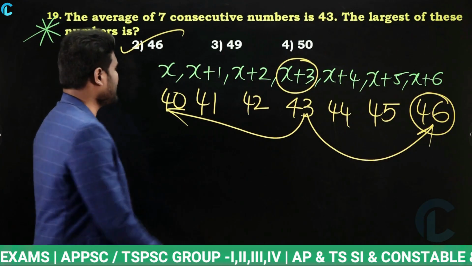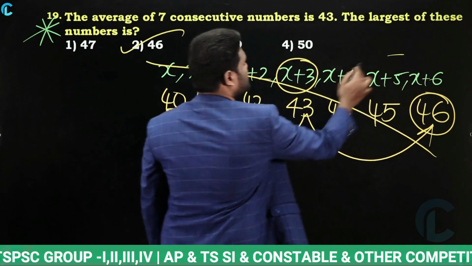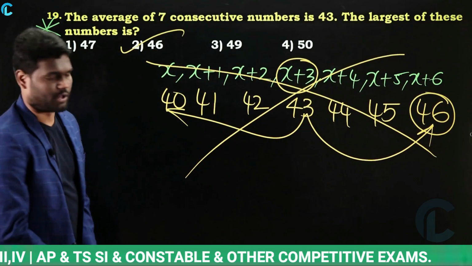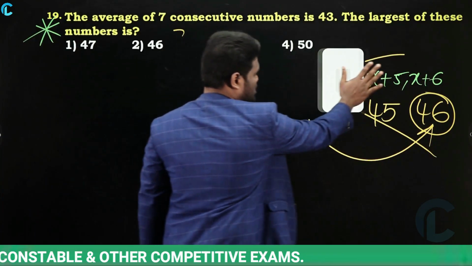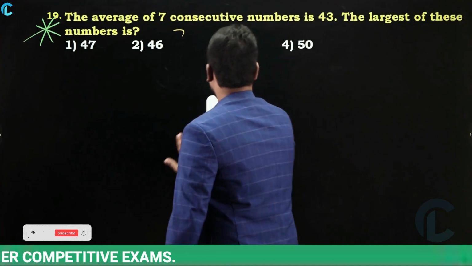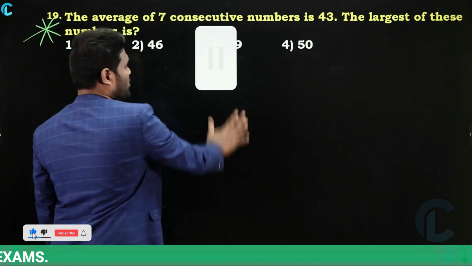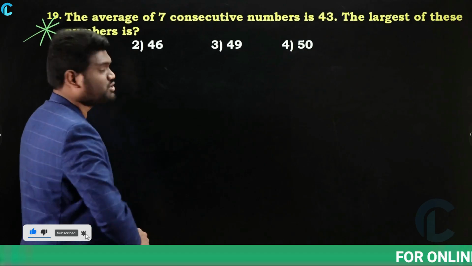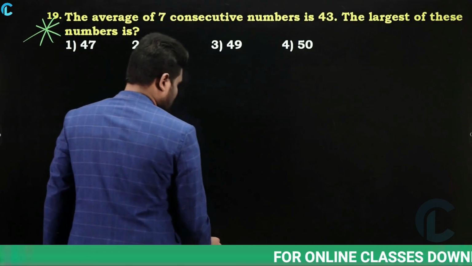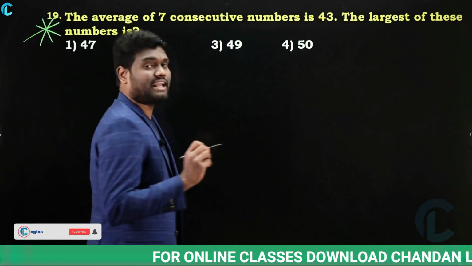But truly speaking, from an examination point of view, you need not write this out. Even this calculation is not required. Whenever you have questions in this way, you can solve these types of questions very easily. Just observe here carefully. In this question, it is said 7 consecutive numbers.